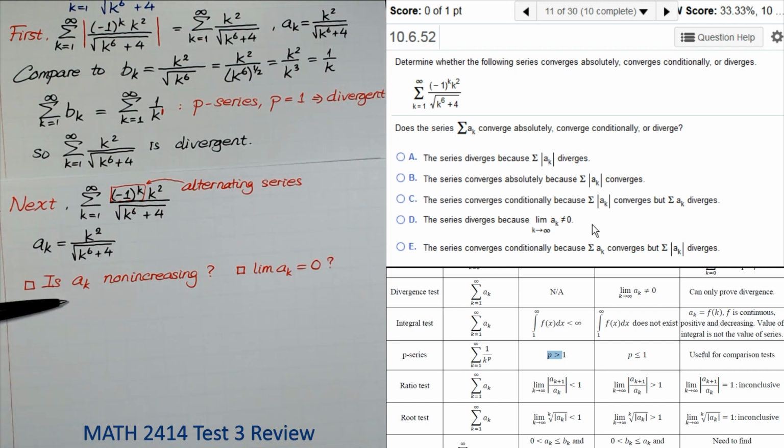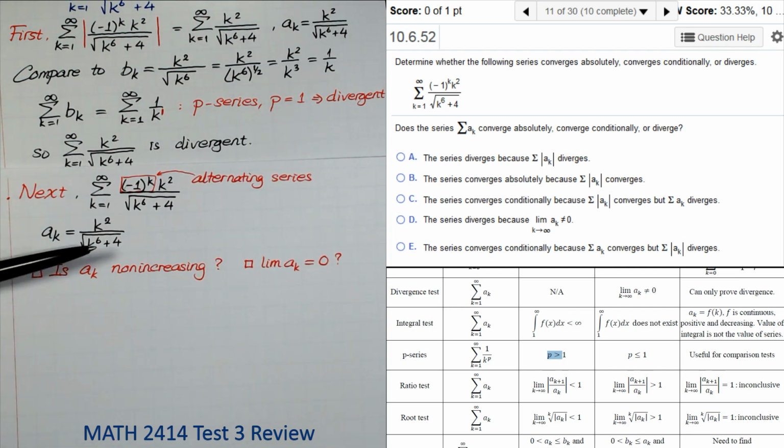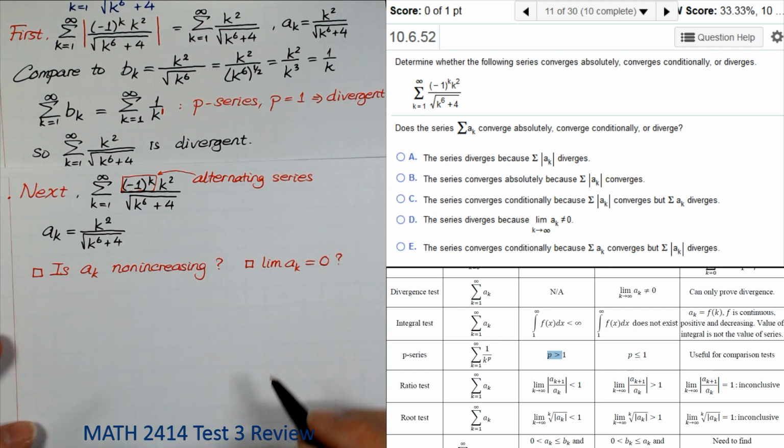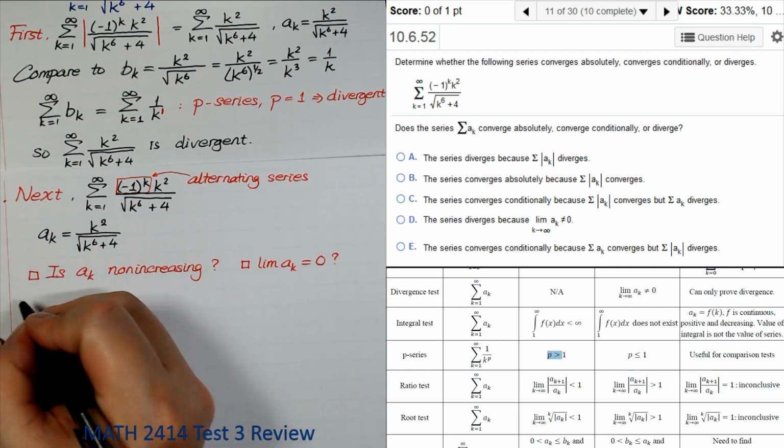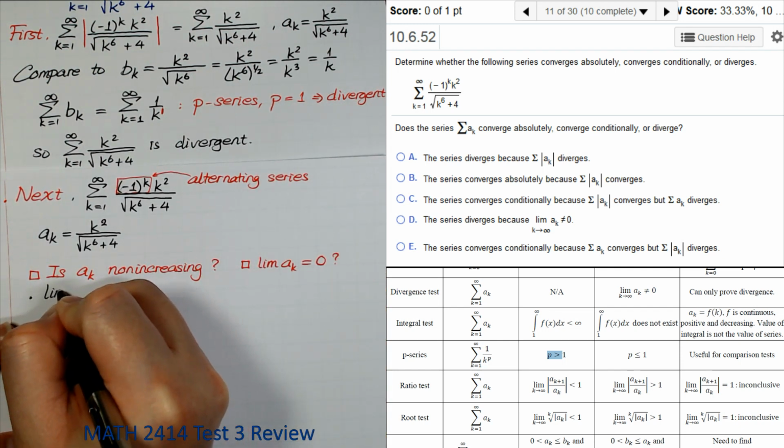Actually, to show it is non-increasing, we have to take the derivative, because the top is changing and the bottom is changing. We cannot really say if it's increasing or decreasing. But we know for sure the limit though. Let's test the limit first.